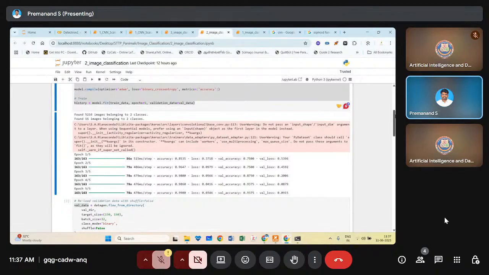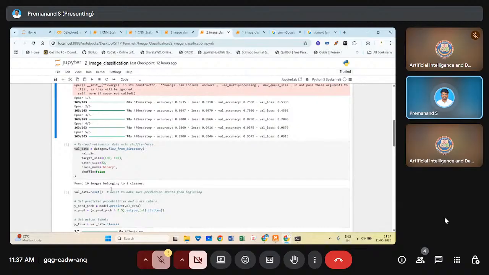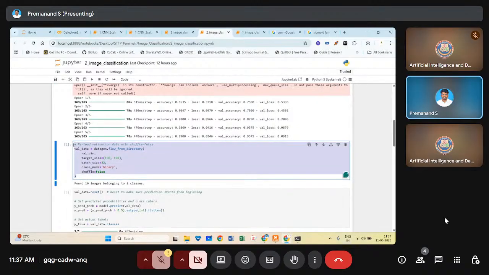But what I did here matters. This is the answer to the question of why we have the third component called the validation dataset. Apart from training and testing, we have one more component, right? Validation. That is the importance of using the validation data.